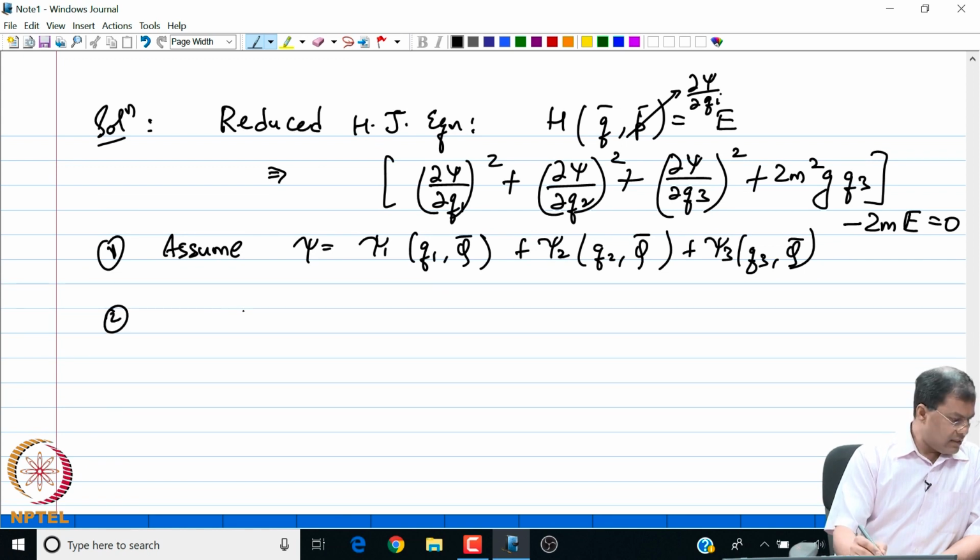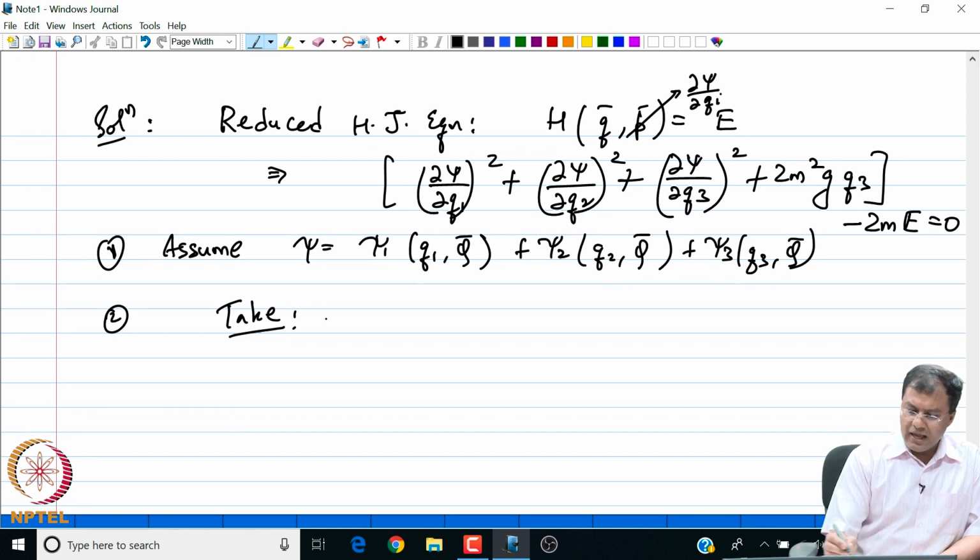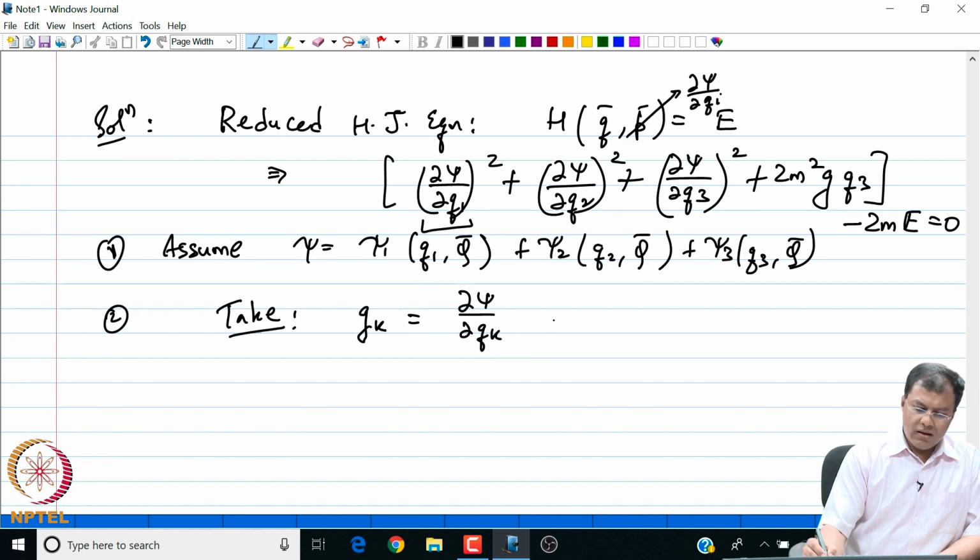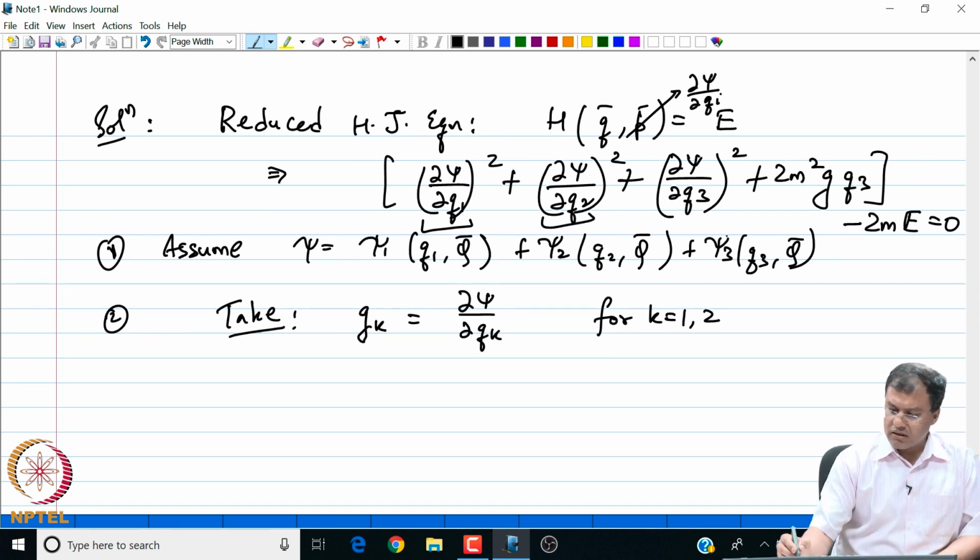The second stage is identifying gk's. Note that I can take gk to be del psi del qk for my first two components, k equal to 1 and 2. Notice that they are quite similar, but for the third component I have q3 appearing here and here.